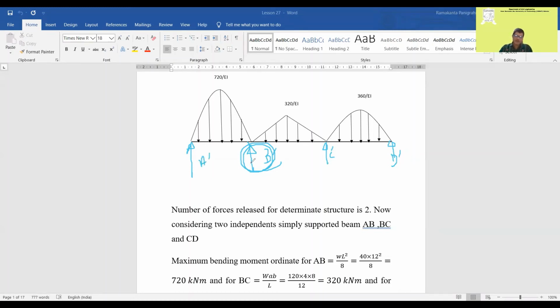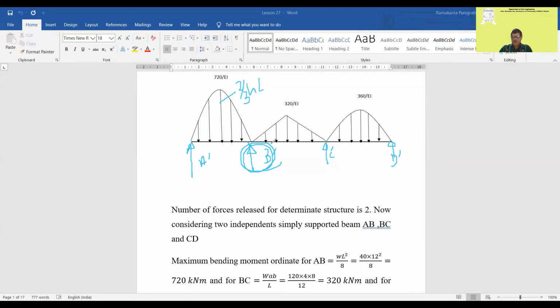Now, what is the reaction at B dash? The reaction at B dash will be the reaction due to the loading on the span A dash B dash, and also the reaction due to the loading on B dash C dash. So it is again a parabola: 2 by 3 h into L is the total load, and half will come to this side, half to that side.